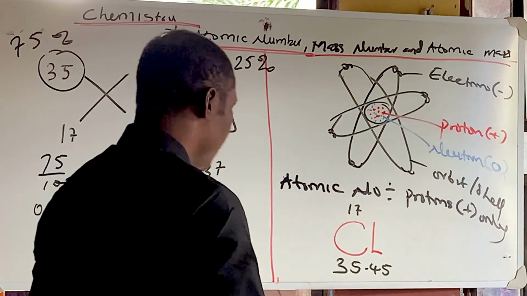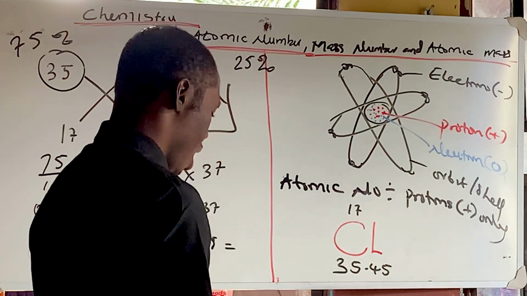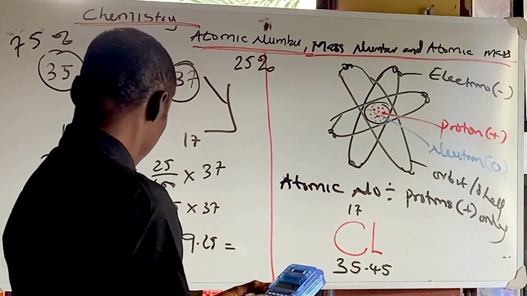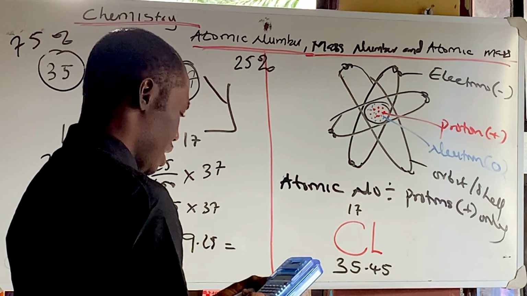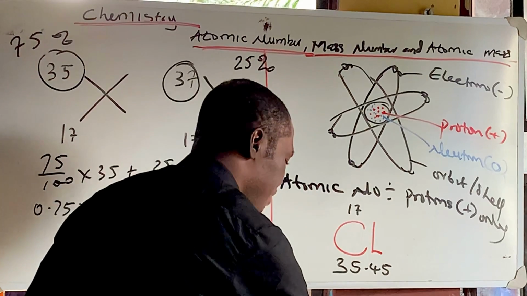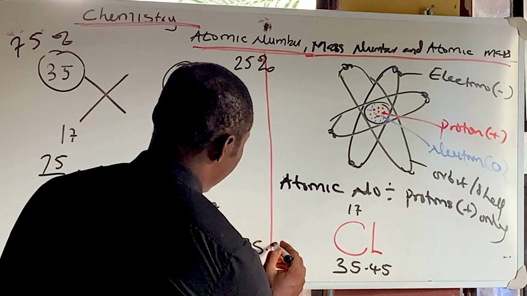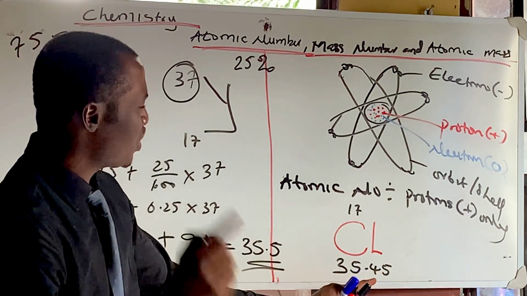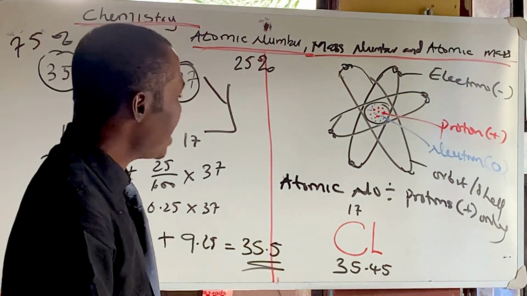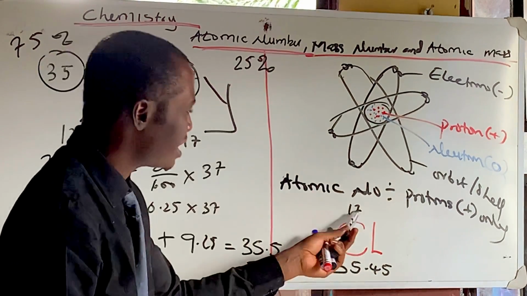If you add up the two of those, 9.25 plus 26.25, that will give me 35.5.